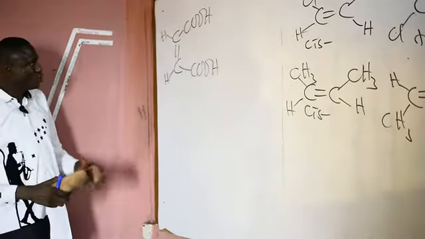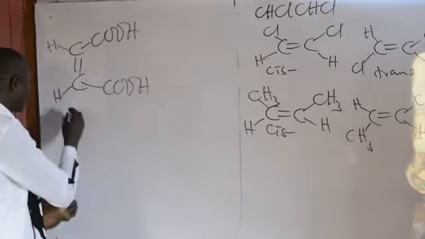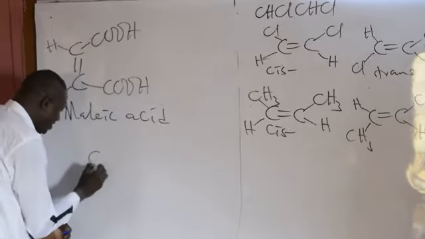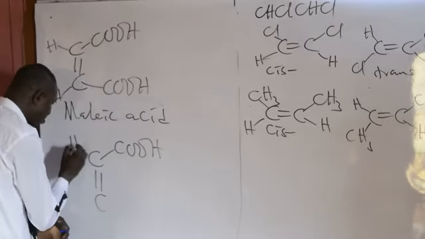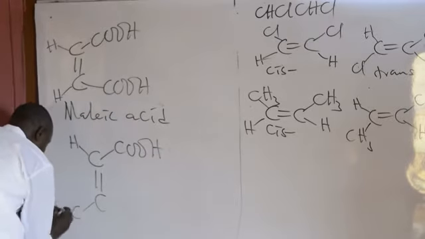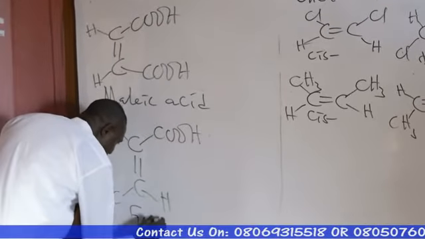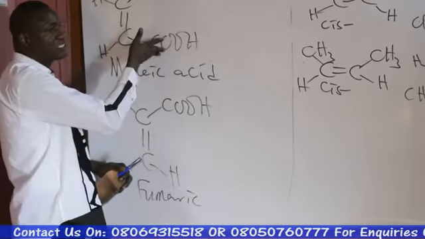So this is but-2-ene-1,4-dioic acid. Alright, this is maleic acid. While the fumaric acid is of this kind: COOH, hydrogen, then COOH, hydrogen. This is fumaric. You can see this is the trans form, this is the cis form.